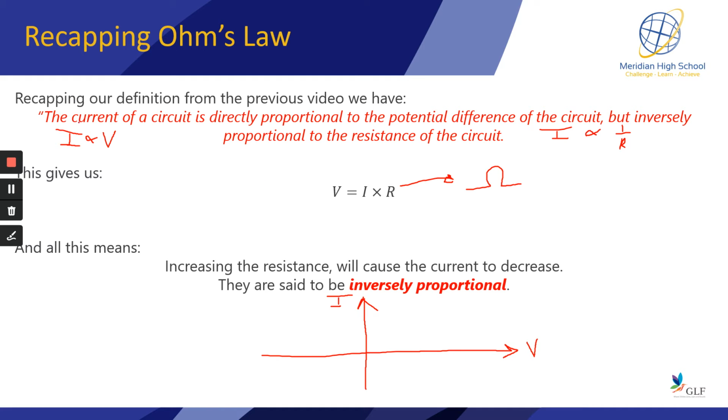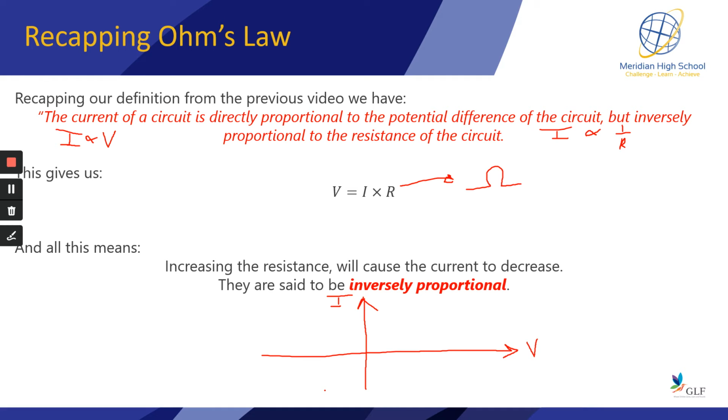Our IV characteristic, our drawing of Ohm's law, is the start. The current of the circuit is directly proportional to the potential difference of the circuit. So if we keep R the same and we make I 5, then V is also going to be 5 times by whatever R is. If we double I, so it's 10, we're going to double this side as well. If we triple I, then we're going to triple V.